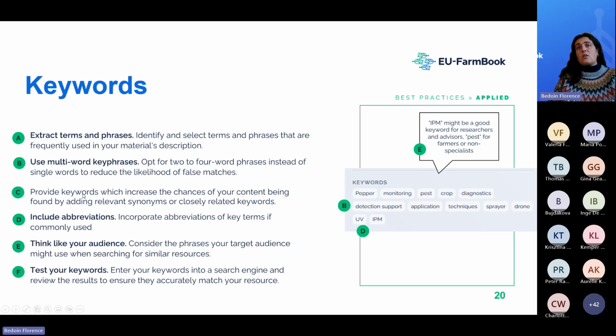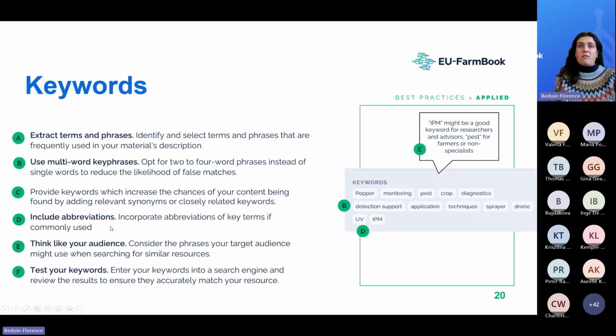You can try to find synonyms or very closely related keywords. For example, you have something about grassland, and in another context, people will maybe search for pasture. So you want your material to pop up both for grassland and for pasture.